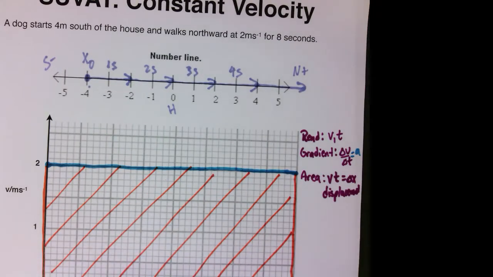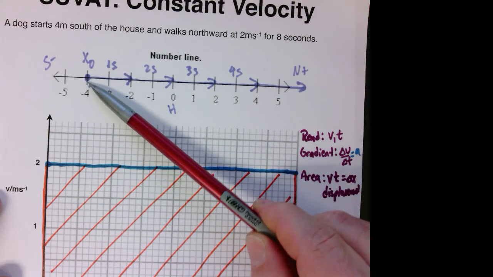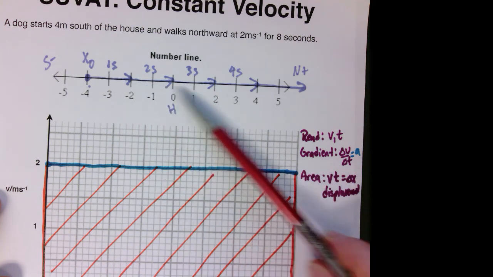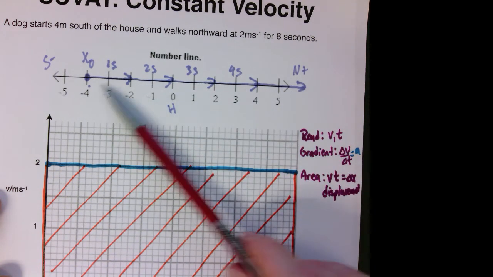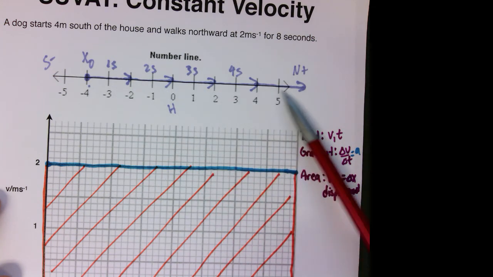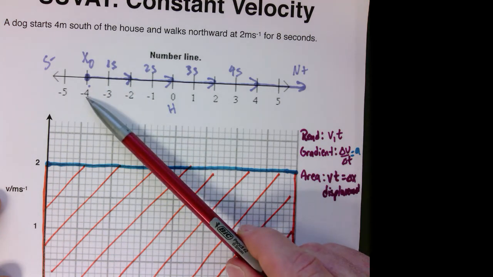Well, let's consider this from our number line conceptually. We know the dog started here, and we know its displacement is positive 16. So if it moves 16 units in this direction, it's going to be 16 plus a negative 4.